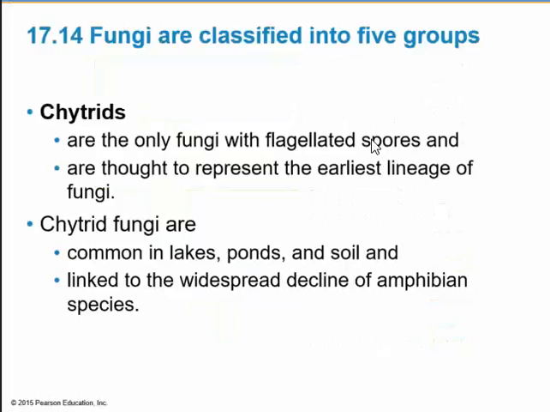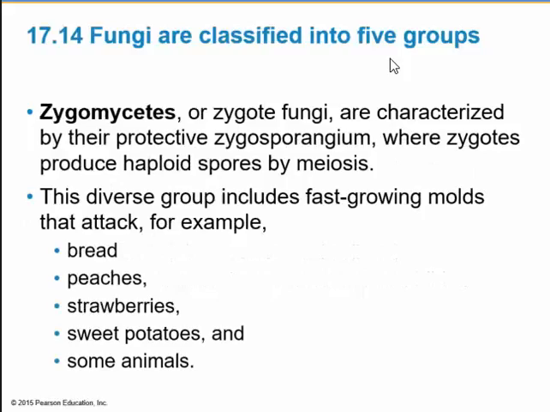The chytrids are an interesting group. They have flagellated spores and are believed to be the oldest of the fungi. They're found in lakes and water, and they're correlated with the decline of amphibian species. Zygomycetes produce zygotes.